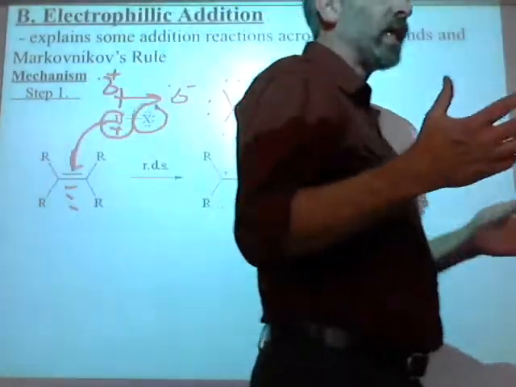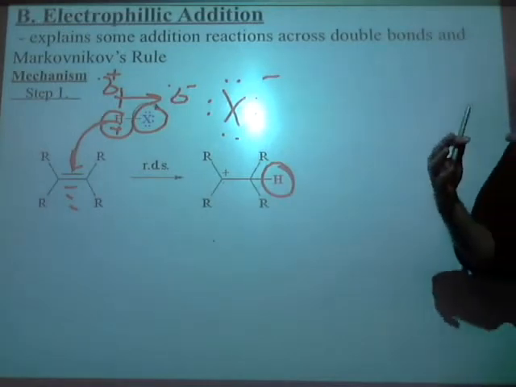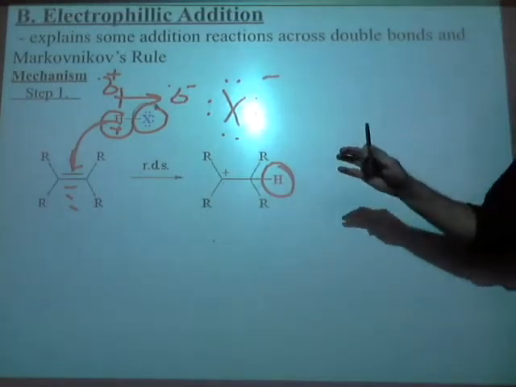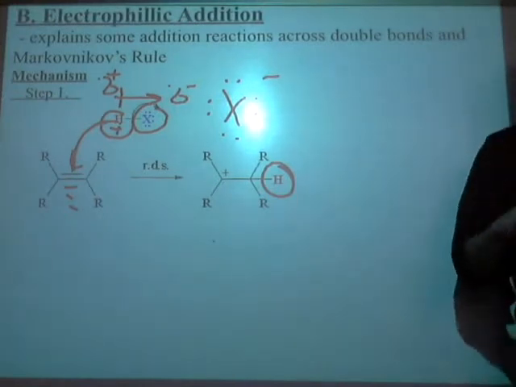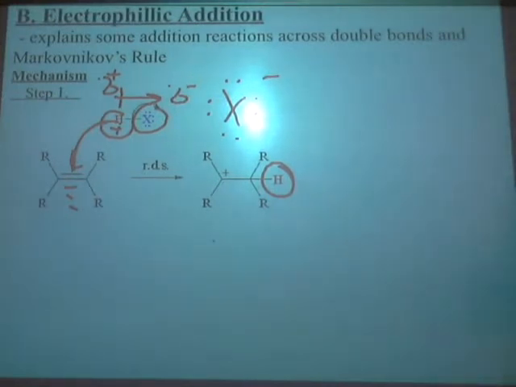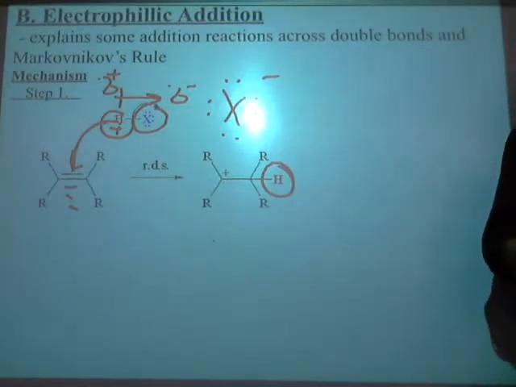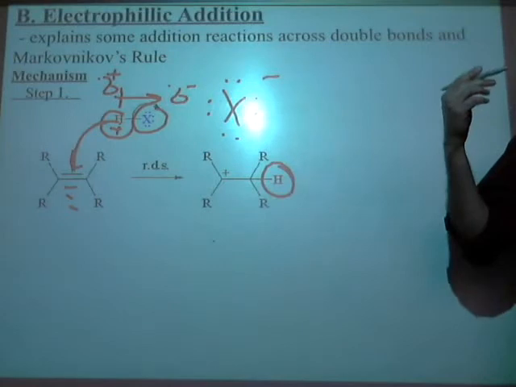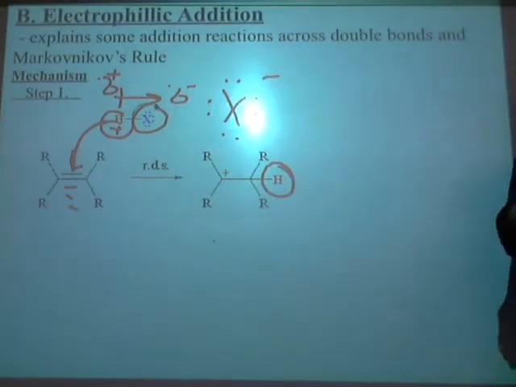I've often asked you to think about the words and what they mean. Break down the prefixes, the suffixes. Electrophile. Where have we seen, and I've used this before, in both Chem 1 and this year, phile. What does it mean? You've heard words like pedophile. It means attracted to, loving, basically.